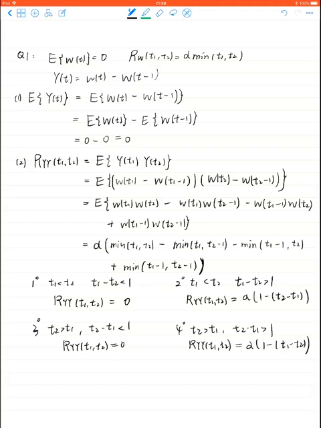Now we have discussed all the conditions and we can draw a conclusion. That is, R_YY(t1, t2) equals 0 when the absolute value of t1 minus t2 is larger than 1, and R_YY(t1, t2) equals alpha times (1 minus the absolute value of t1 minus t2) when the absolute value of t1 minus t2 is less than 1.